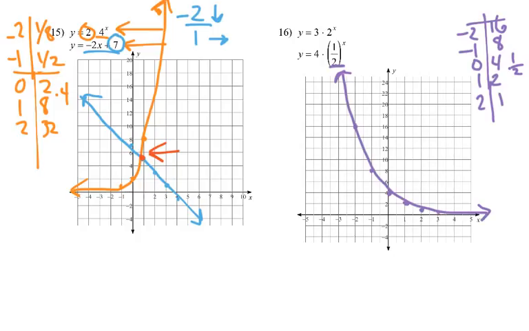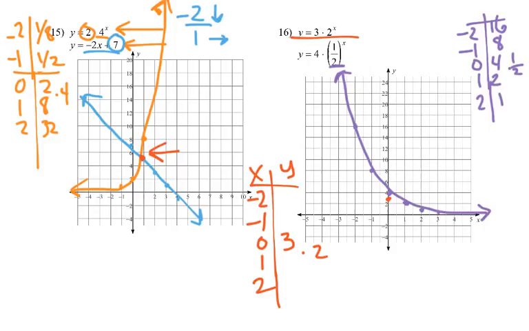Then we do our other exponential. Apparently this is 2 exponentials. So 3 times 2 to the x. Okay, so we start at 3. So 0, 3. Okay, then we're timesing by 2. So that would be 6, then 12. So 1, 6, 2, 12.